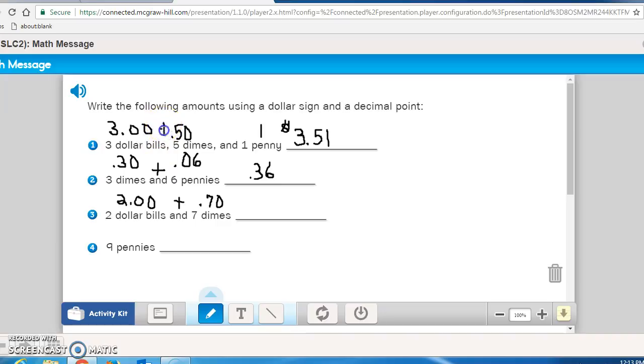We added the $3 plus the 50 cents plus the penny, which again should be written .01, and came up with the 3.51. 3 dimes plus 6 cents, 36 cents. We could write that with a dollar sign, or we could have written a cent sign afterward. $2 bills and 7 dimes is a total of $2.70.